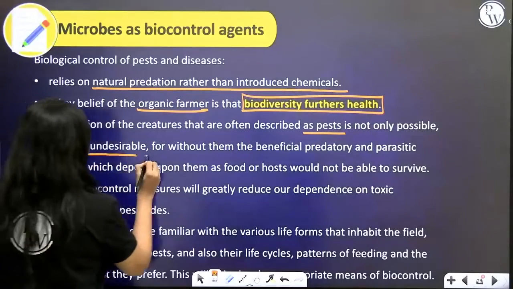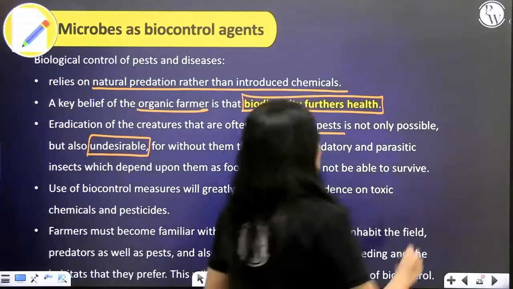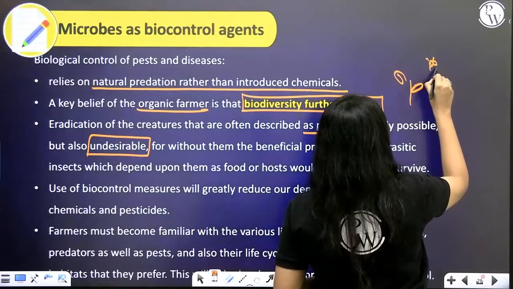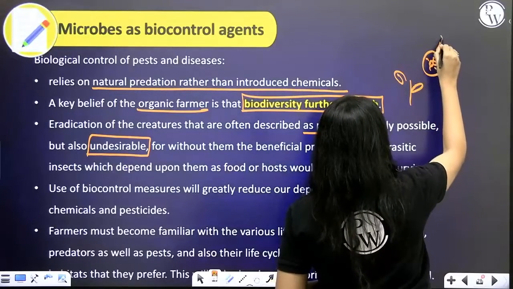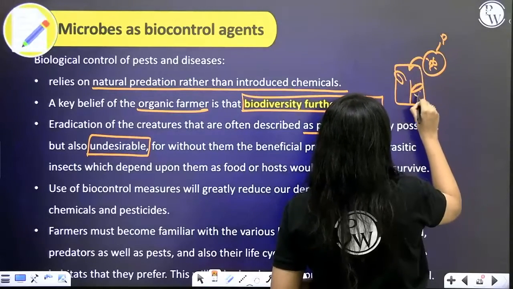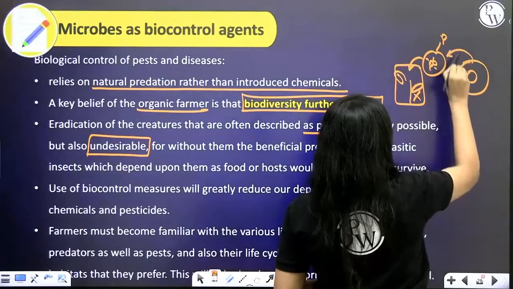If you have to eradicate creatures that are described as pests, it is possible, but it is not good to do that. Let's say this is a plant, this is a pest, that's a very silly diagram of a pest, and this pest will cause crop yield loss, and there is another organism that depends on this pest.